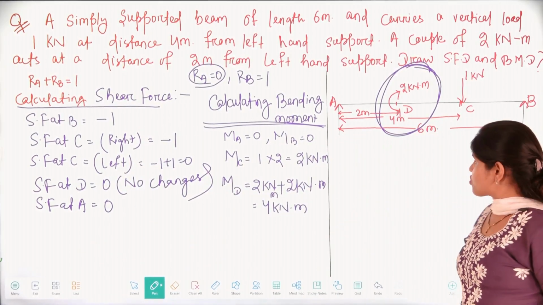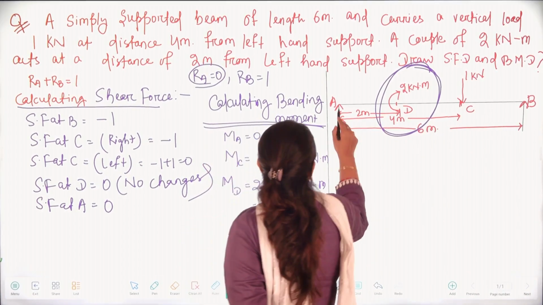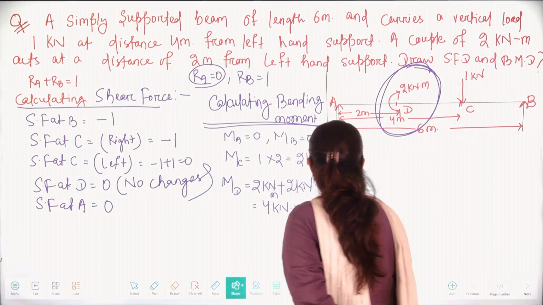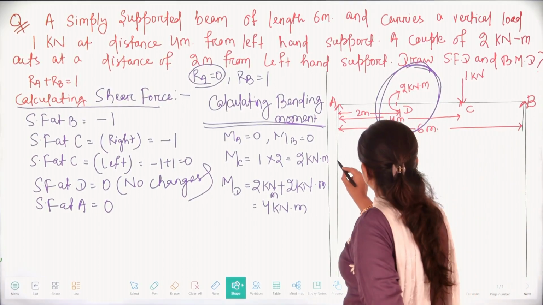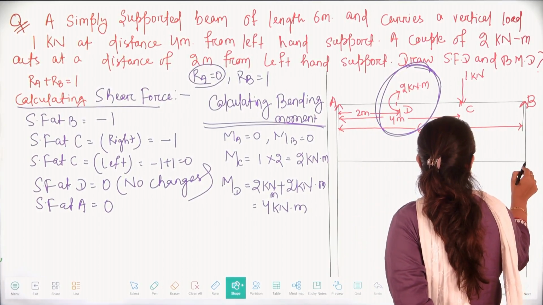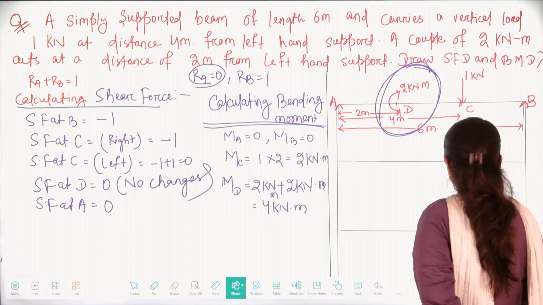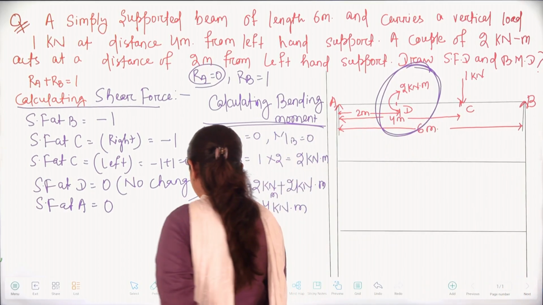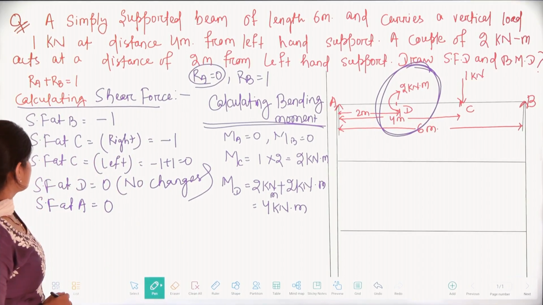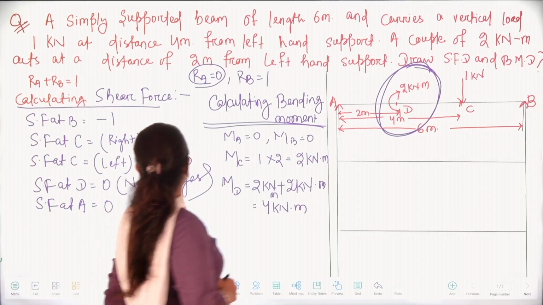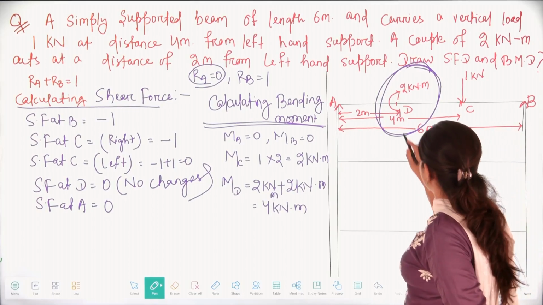Now our work is to find out shear force diagram and bending moment diagram. So let's draw the shear force and bending moment diagram for the simply supported beam. Here you can see shear force at B is -1 and shear force at C is also -1.